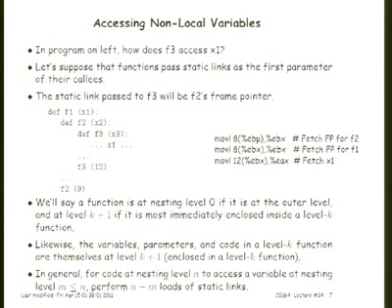So the takeaway from this is that when we have to access x1, we will generate code like this to follow the static links and go back to the frame that contains x1, and then we will pick it up. That's the general idea. And so, how do we decide how many times to follow the static link?